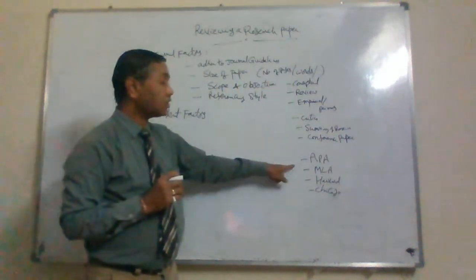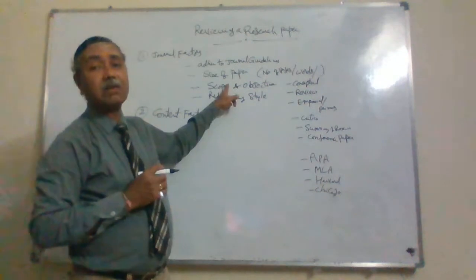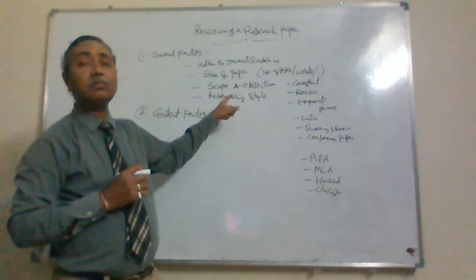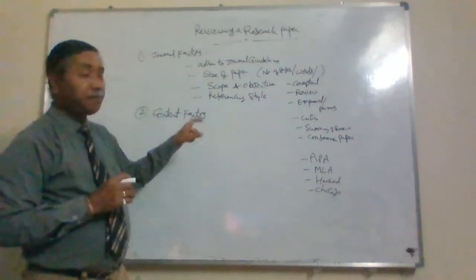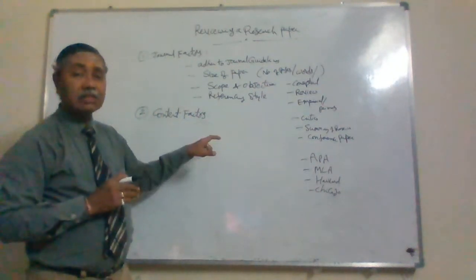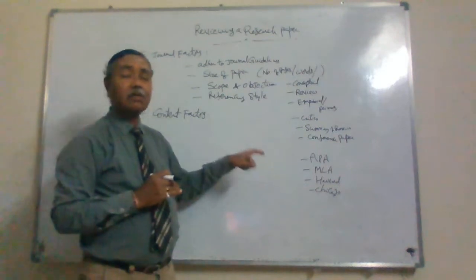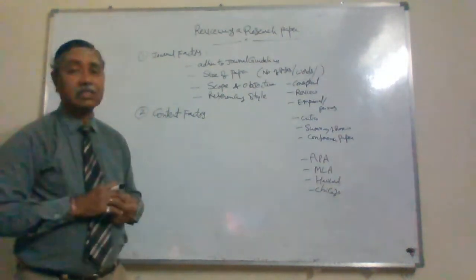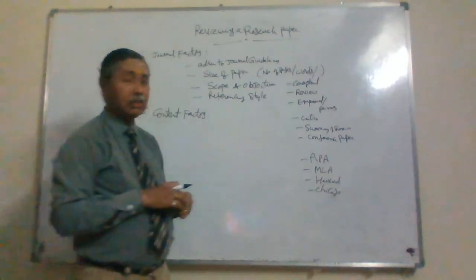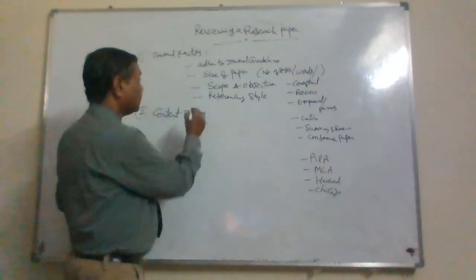So which referencing style is the journal advising? Some accept only certain formats of referencing style. Is the submitted paper in the same format? Otherwise, as a reviewer, you have to ask the author to change the referencing style. That is important.